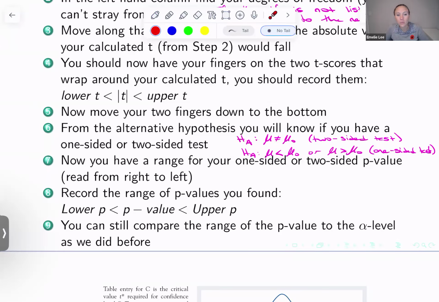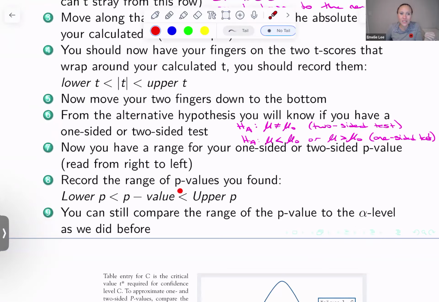So depending on if you have a one-sided or a two-sided test, you have to use the appropriate one-sided or two-sided p-value, which you read from right to left, since it's still decreasing as you move out. And you're going to record the range of the p-values that you found, just like we've been doing.